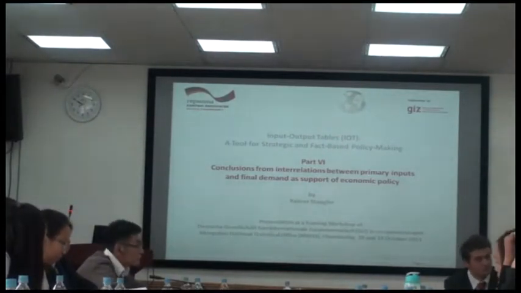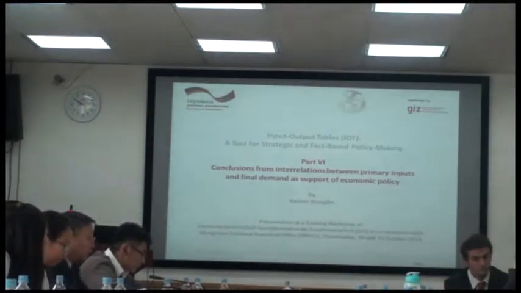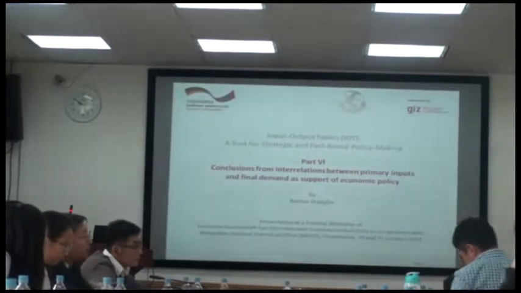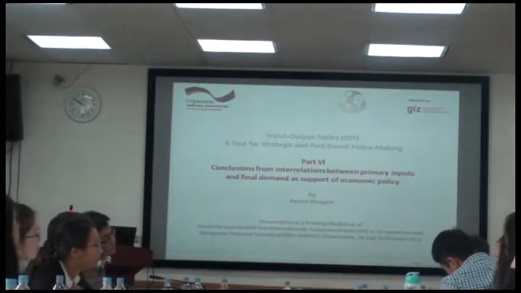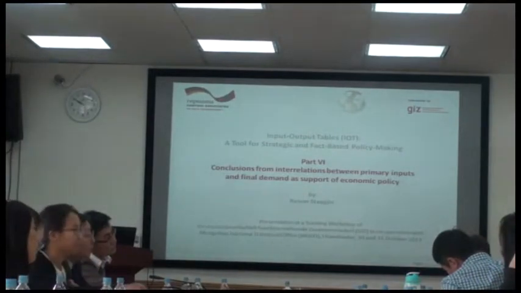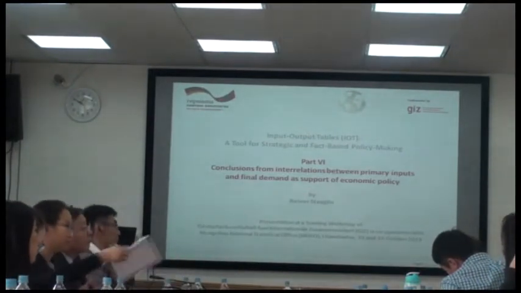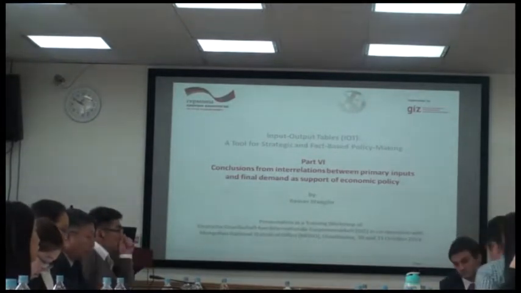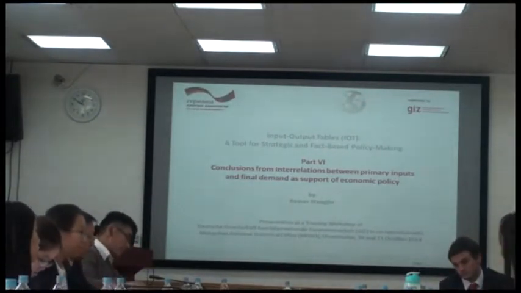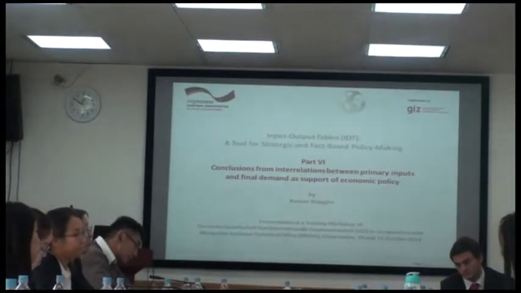So the two approaches we have just seen can now be condensed in only one analysis by building the linkage between primary input and final use. That means an interlink, what is shown in our graph this way. Primary input are shown here, final demand will be shown here, and we will now quantify this linkage.